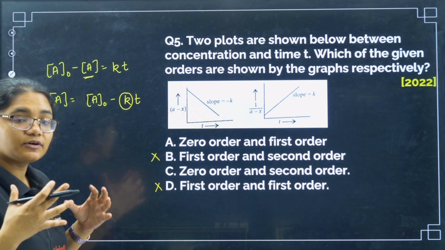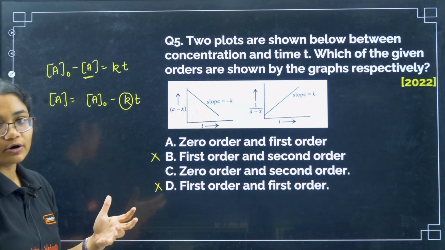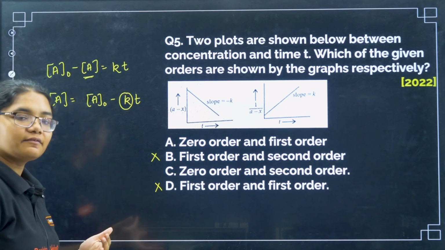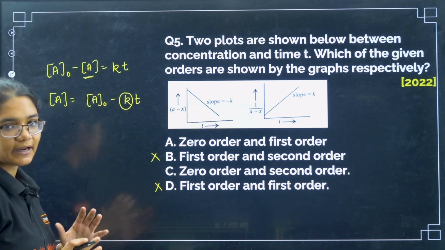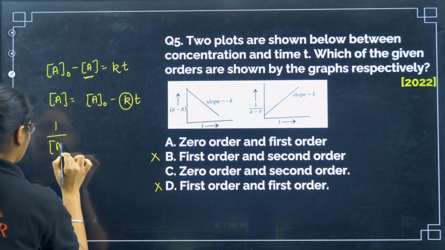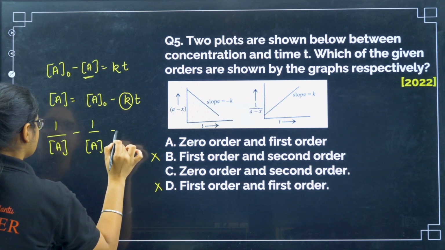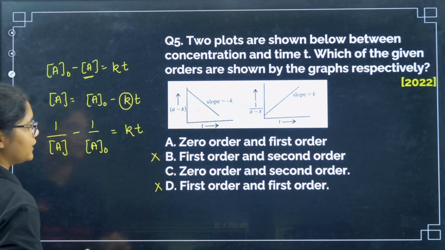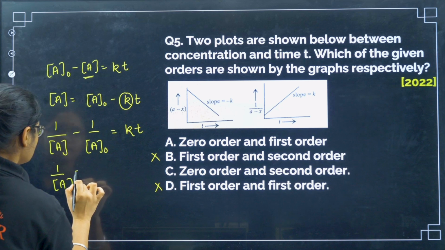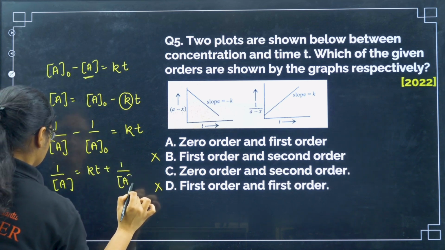Whenever there is first order reaction, you can easily identify it by seeing some log term. If there is a log term involved, then it will be a first order reaction, otherwise it will generally be zeroth or second order reaction. For second order reaction, what formula I have? 1 by A minus 1 by A naught is equal to K into T. Now 1 by A is equal to KT plus 1 by A naught.